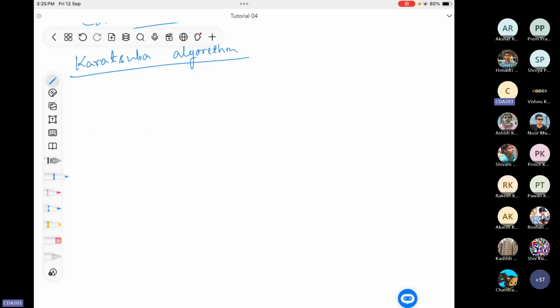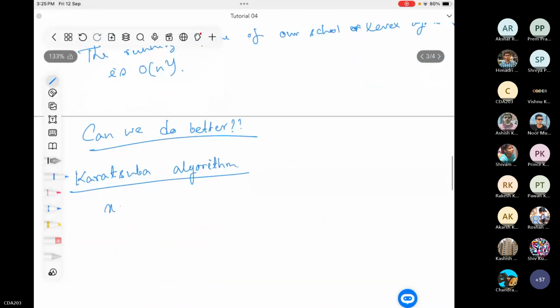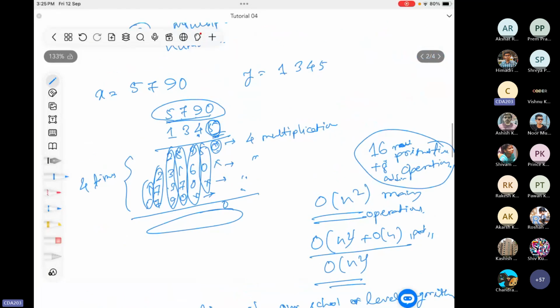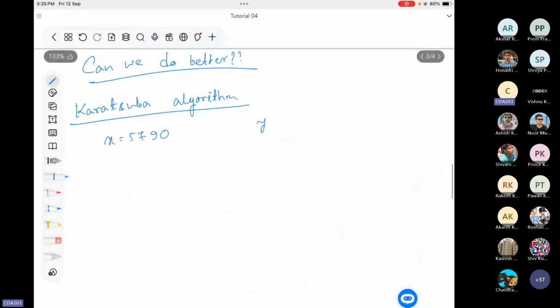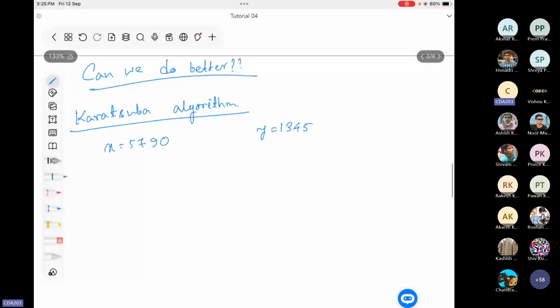So how does it work? Suppose we have two numbers, x equal to 5790 and y equal to 1345. My handwriting is not that good, actually very bad.